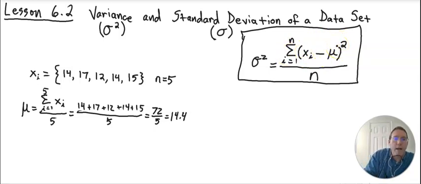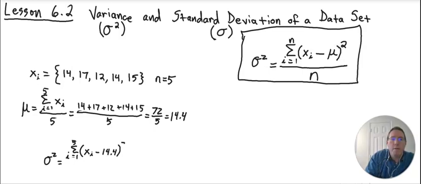So to identify the variance, sigma squared, we're going to do a sum from 1 up to 5 of each element, x sub i, minus 14.4, because that's what the mean is, then square it. Then we're going to divide that whole sum by 5, because there are 5 elements, okay?